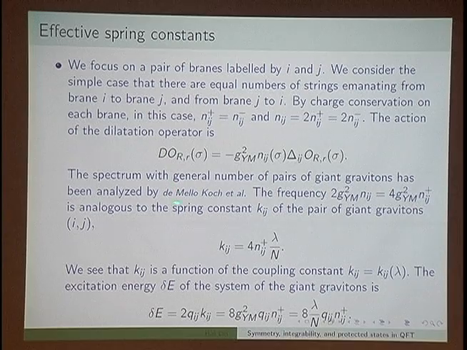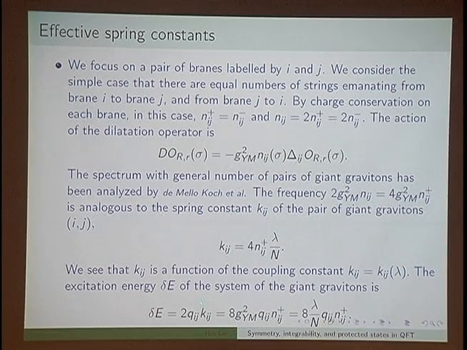Now on the gravity side, one can see the dilatation operator acting on this field operator acts like a harmonic oscillator Hamiltonian, and this coefficient combines into an effective spring constant. Because on the gravity side, among the branes, there are open strings stretched between brane I and brane J, and the spring constant is proportional to the interaction strength lambda, and also proportional to the number of open strings. So this combination is the effective spring constant.